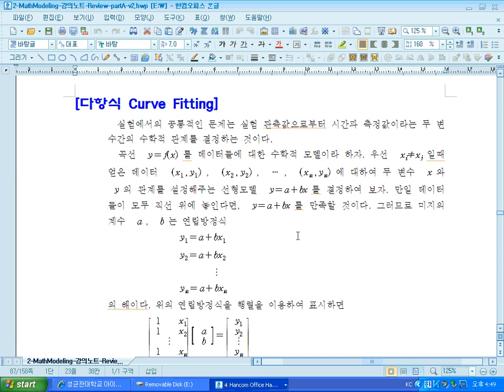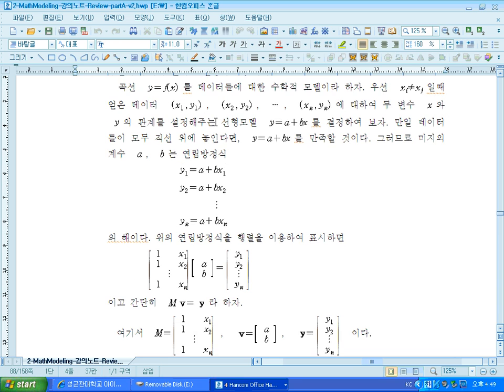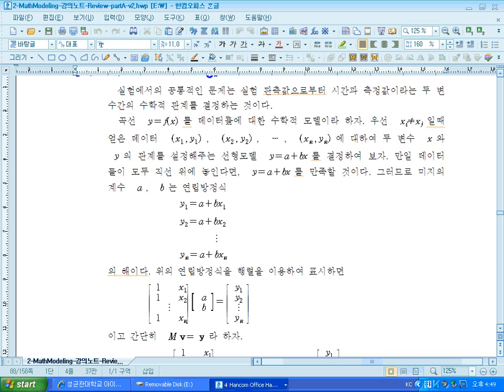Now I explain how this Vandermonde matrix is related to curve fitting. Suppose we have data which was obtained from an experiment at a chemistry, biology, or engineering lab.